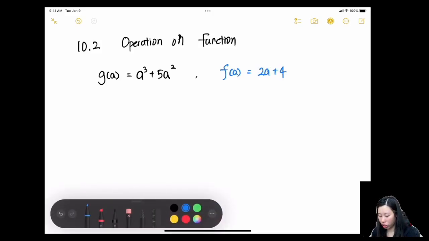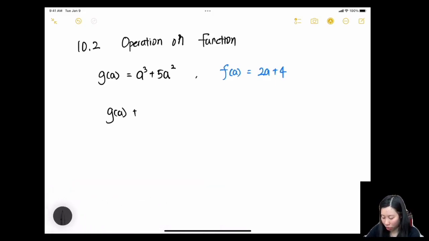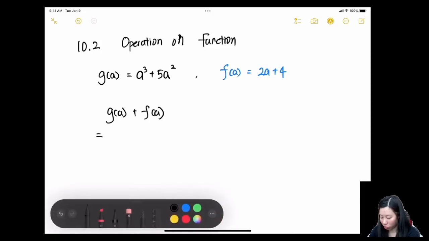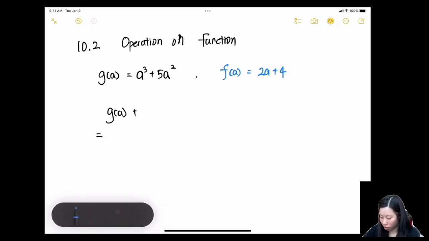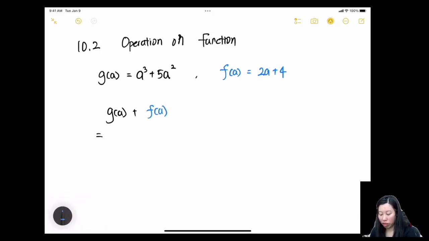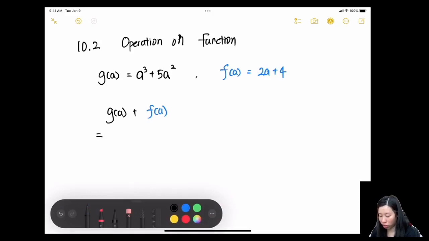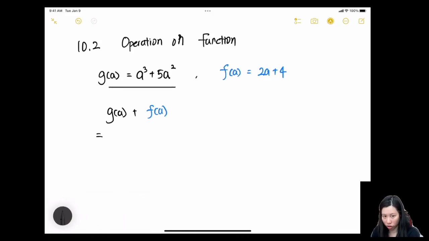So the first thing I ask you: what is g of a plus f of a? That means you want to combine these two functions together. So I have g of a. Let me switch to a blue one. So I have g of a, you substitute the g part into the function.